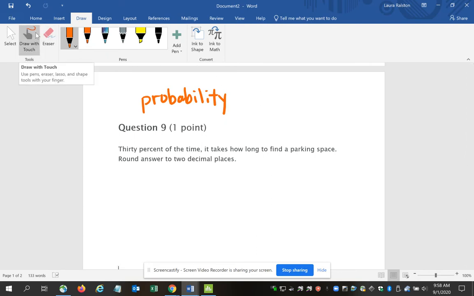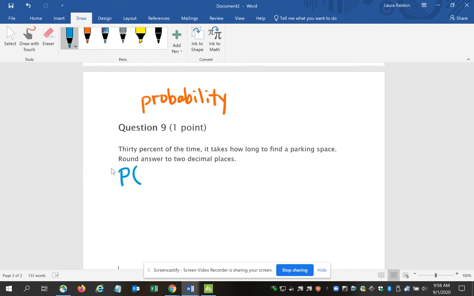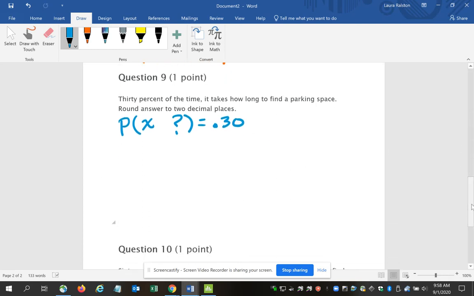So we still have a normal distribution with a mean of 6 and a standard deviation of 2. And this one says 30% of the time, how long to find a parking space. So basically what we know here is that the probability of X that we don't know is 30%, if you want to write it out as an equation.